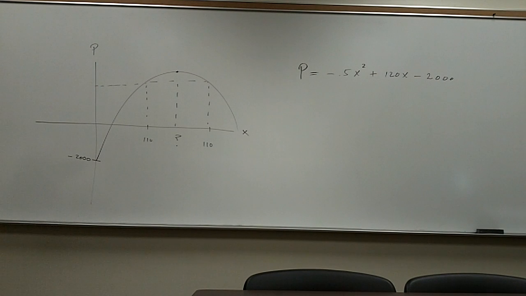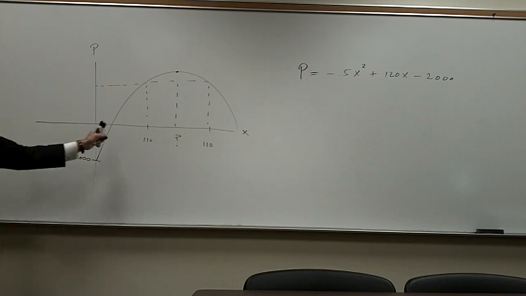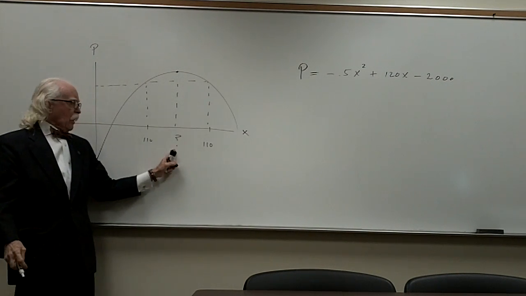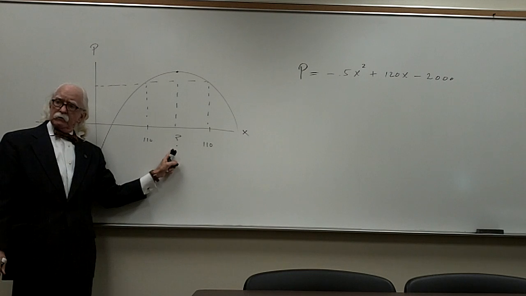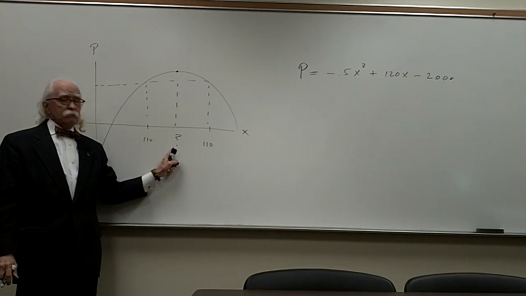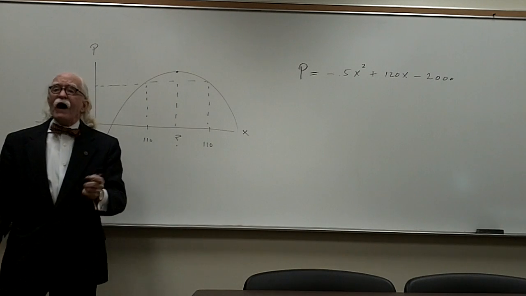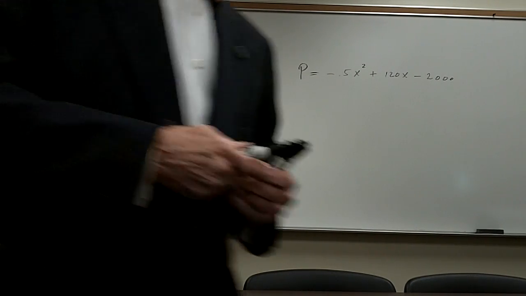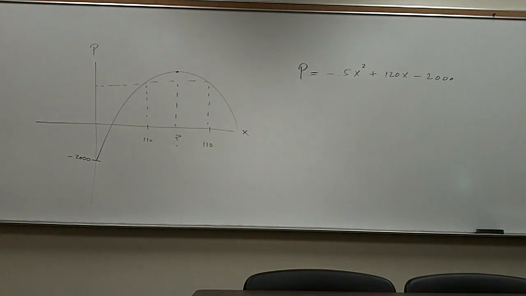You may be making too many bicycles. You may be losing money unless you know what this number is. Is everybody with me or not? Half of you's not listening, but that's okay. How do you find that number?